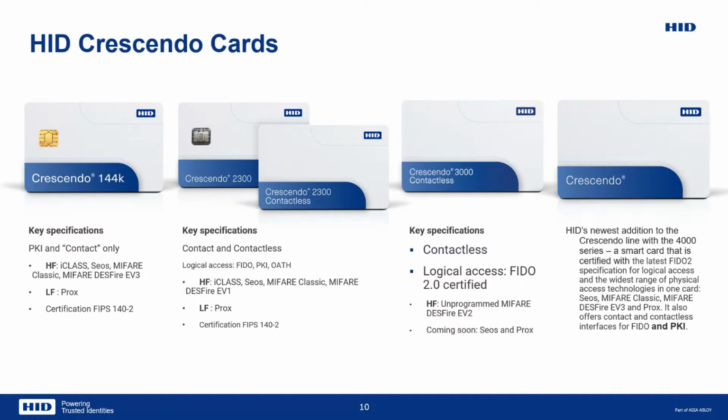And cards are very flexible. Cards can be used for access control. They can have both contactless technology and contact technology. When you start getting into the newer series of cards like Crescendo 3000 or the Crescendo 4000 line, you start getting access to FIDO, which we'll talk about in a little bit.